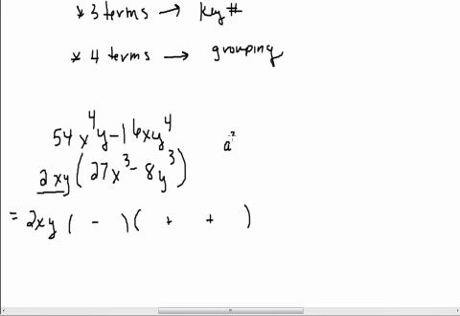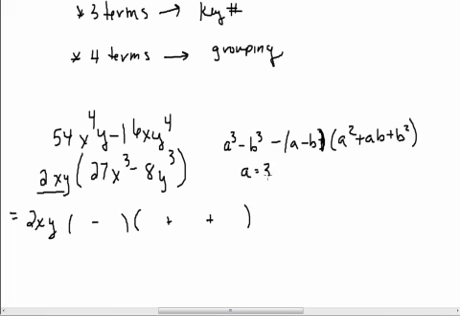Remember my rule. Oops, got a parenthesis, that's a squared plus AB plus B squared. Okay, so let's see, what is A in this case?